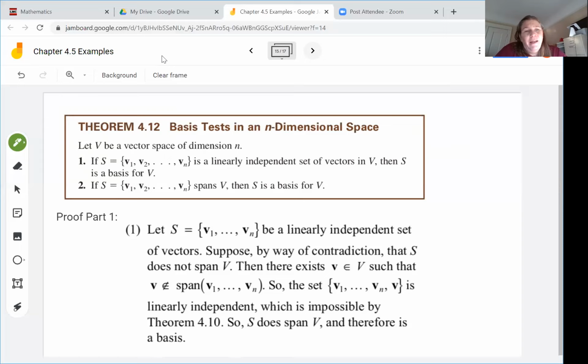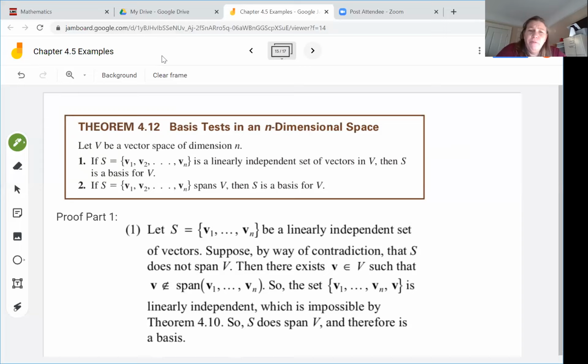And then the equivalent property is that if S equals v1 through vn spans V, S is also a basis for V. So these are 2 ways to show that a set is a basis. It can be linearly independent and the same dimension, and it can be spanning V in the same dimension.